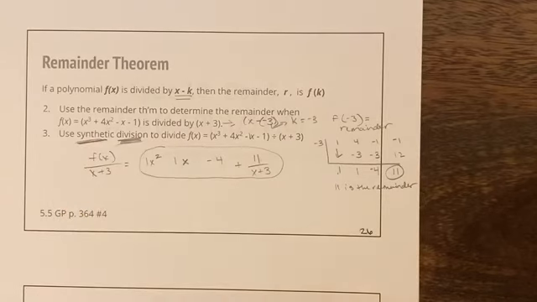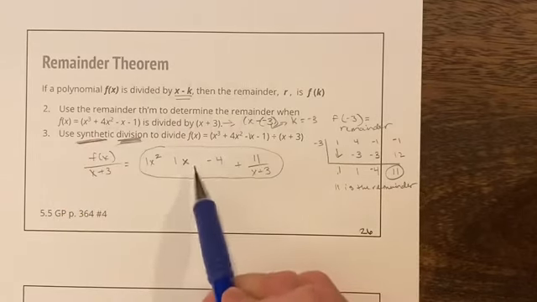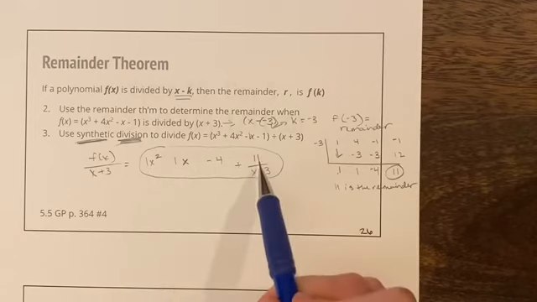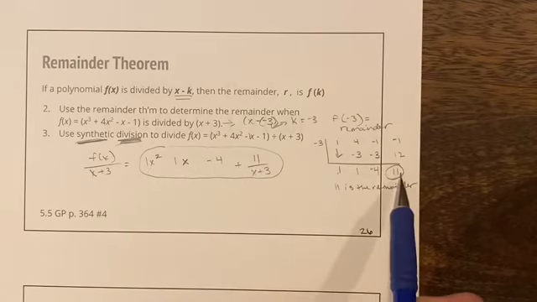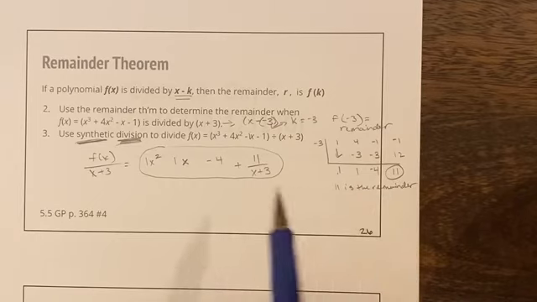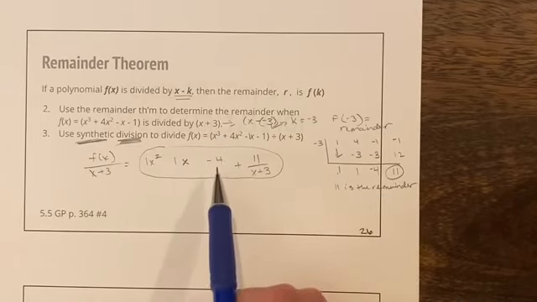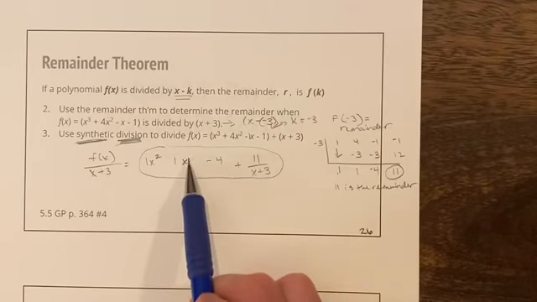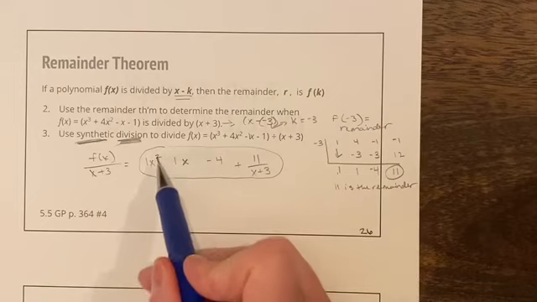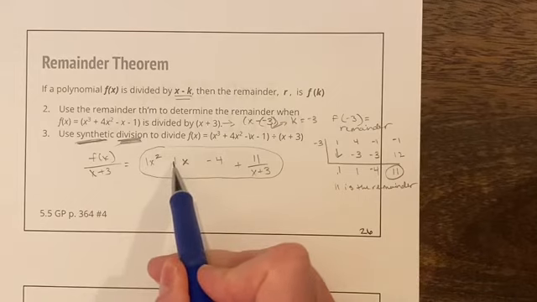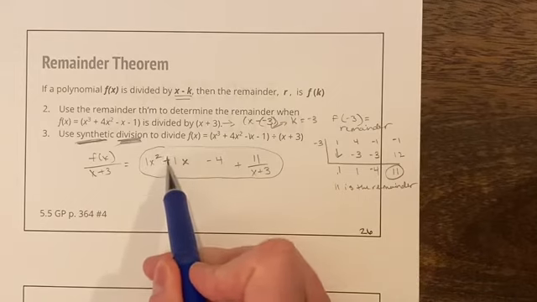And how we determined whether or not they would have variables: we start with the first number, which is always the remainder. The next number after that is always going to be your constant, so that has a degree of 0. Then it goes up by degree. This has an x to the first degree, and this has an x to the second degree. You'll notice this should be positive 1, so I forgot my plus sign there.